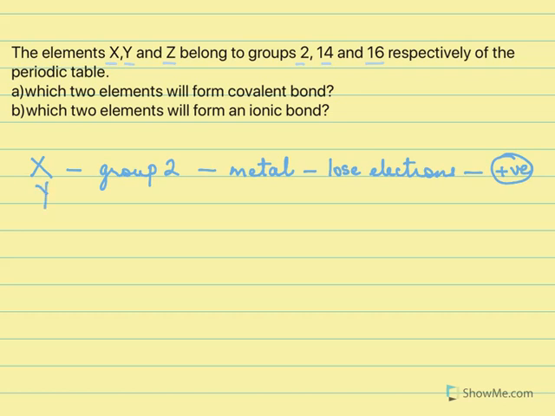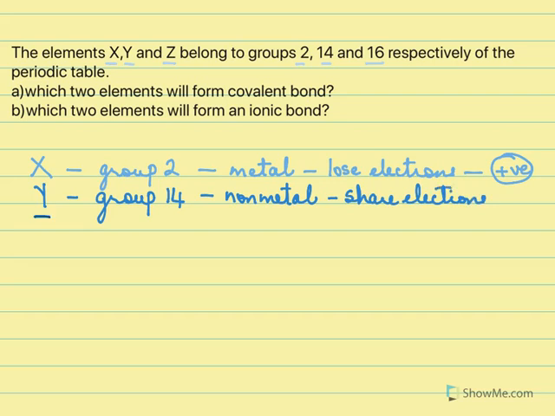Now Y is group 14, and group 14 are non-metals. These also, remember, group 14 is like carbon, and they share electrons. They do not gain, do not lose, they share electrons.